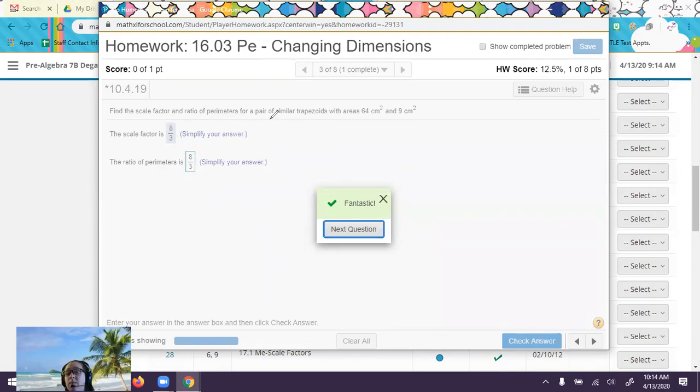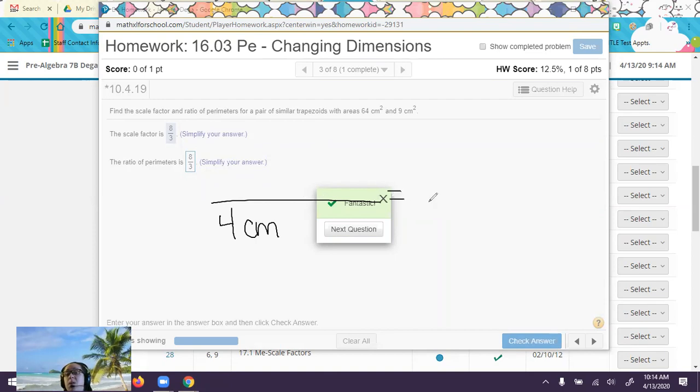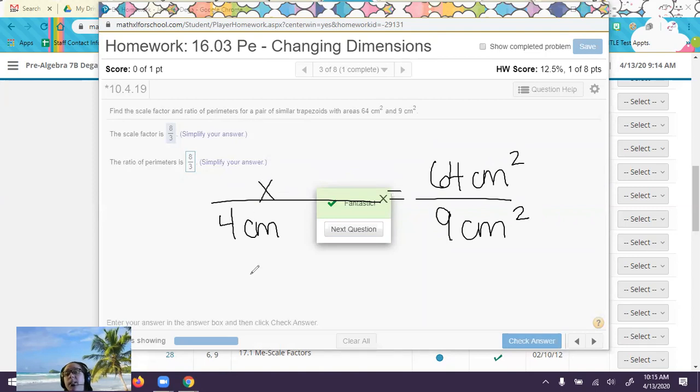Let's say that one side of my similar trapezoids was 4 centimeters, and let's say that was on the smaller of the two trapezoids. Since I know the areas, I can figure out the side length of the larger of the two trapezoids.